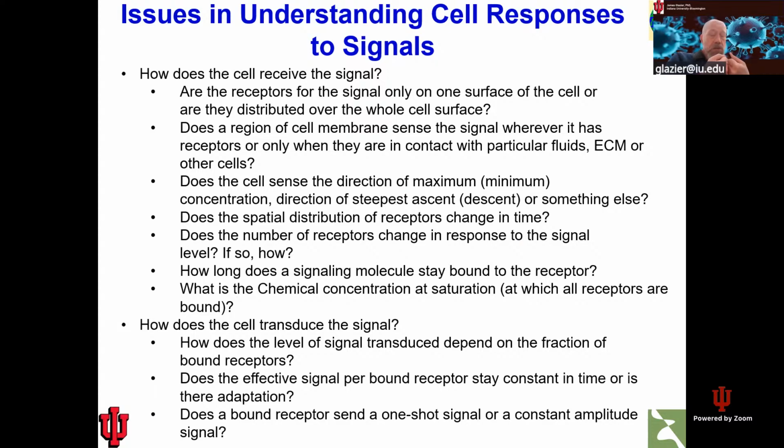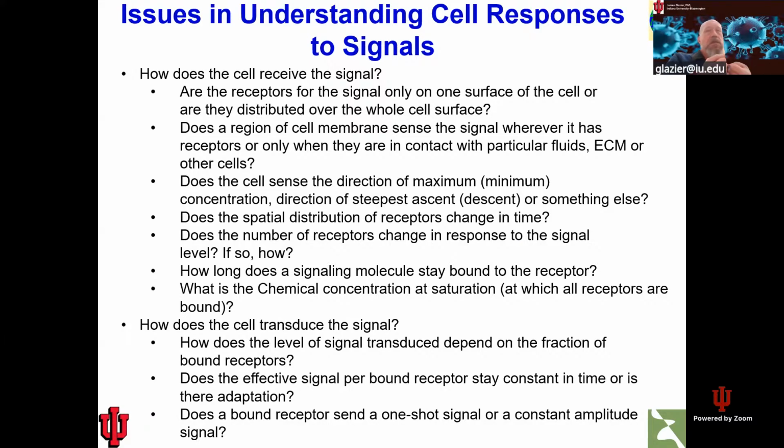And then also there are situations, and Dictyostelium is a classic example, where the cell monitors the signal in the environment and then moves in response to that signal and then stops and ignores the signal. There's a refractory period during which the cell doesn't respond.